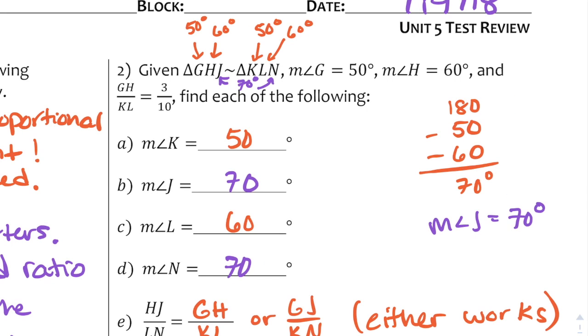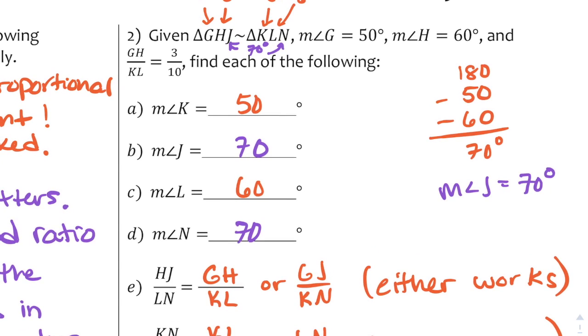For proportional sides, you have a couple options. When I go from H to J and I go L to N, you can either go GJ and KN, which I have here, or you can go GH and KL. It's really open-ended here. You could have written either one of those. As long as the order is consistent and you go from left to right or right to left in the same order of what was given.